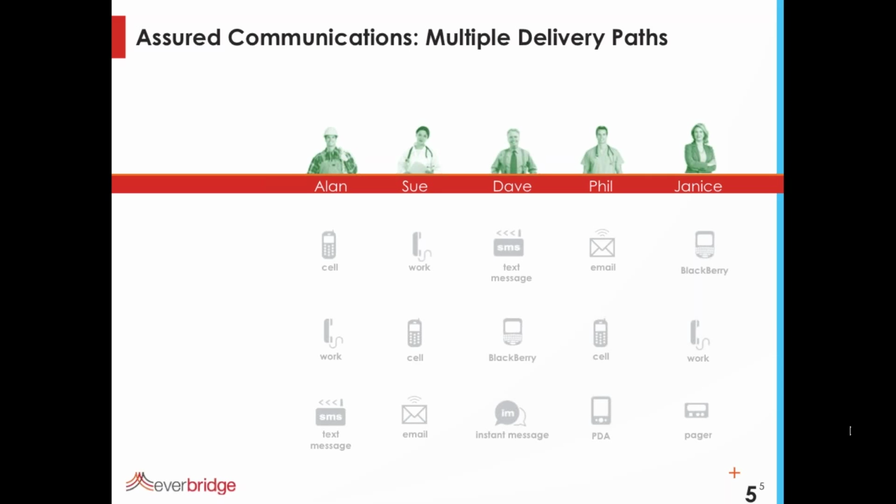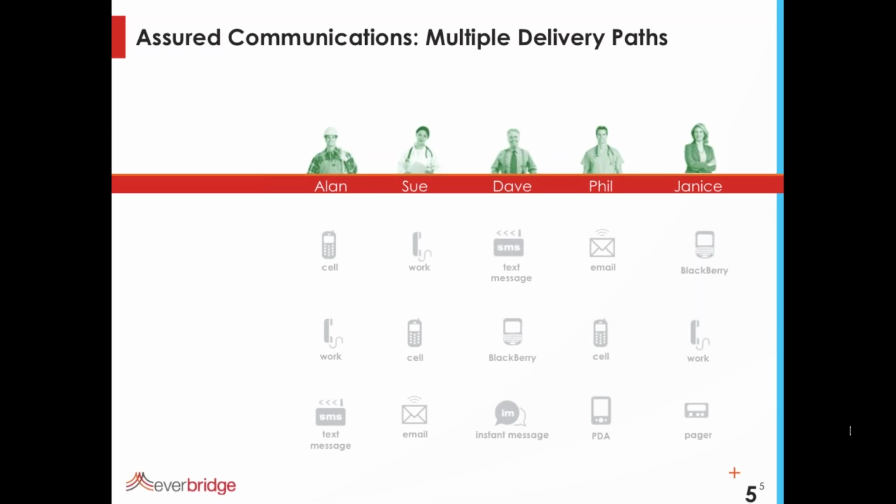The other key element of the Everbridge platform is when we deliver communications, we highly recommend that you use for your constituents multiple delivery paths. And the reason is that if there is some kind of a natural disaster or man-made situation, certain paths and delivery methods can easily be compromised.